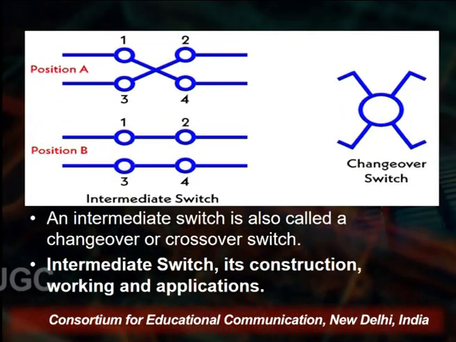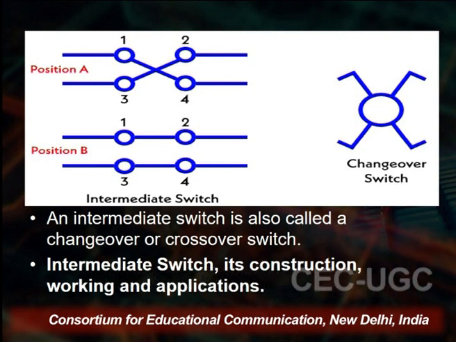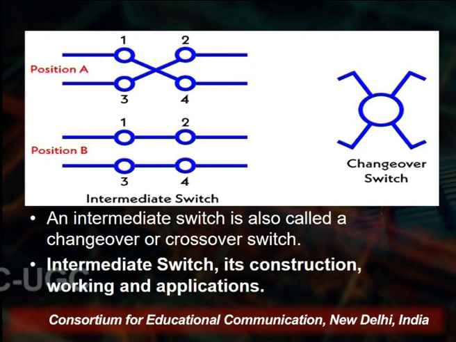You see on the screen that these are the four-way switches, and as per requirement, we connect these switches. You see on the screen the intermediate switches; we can see position A. We connect 1 and 4 and 2 and 3, the cross connection changeover switches, and second is position B, where we connect 1 to 2 and 3 to 4.